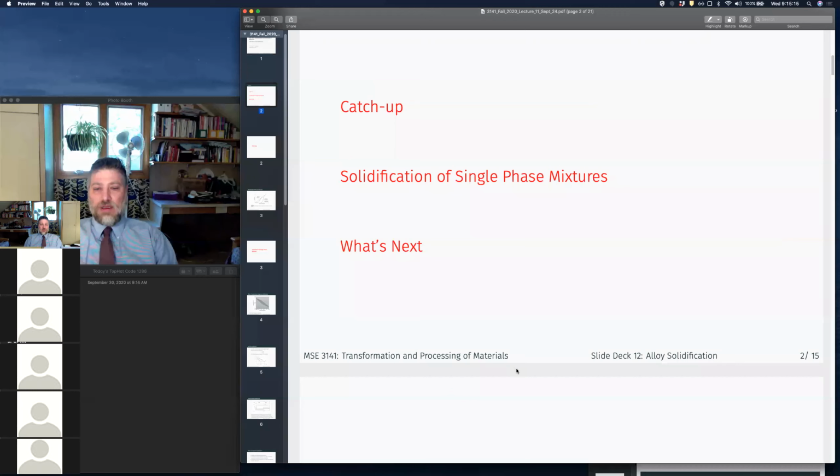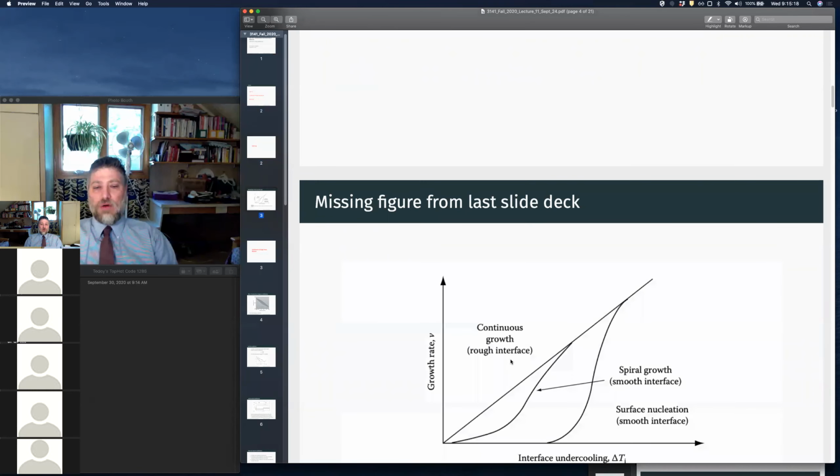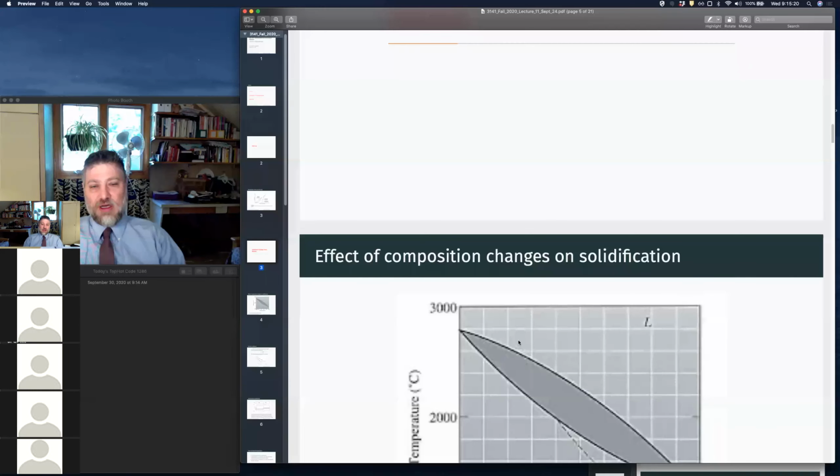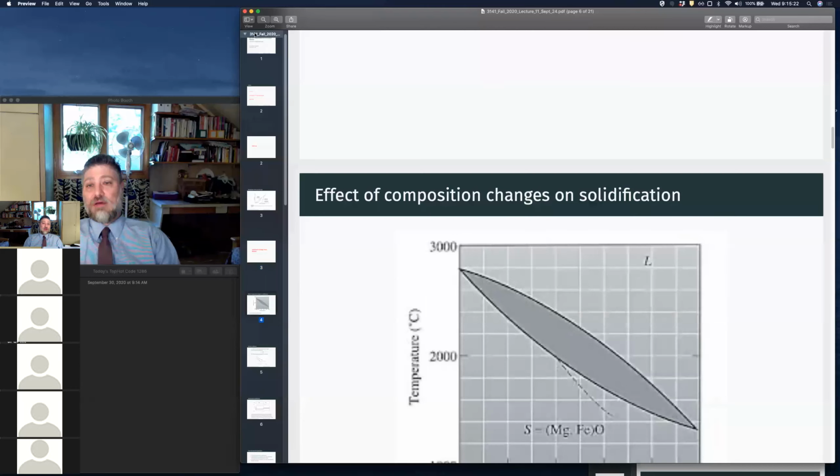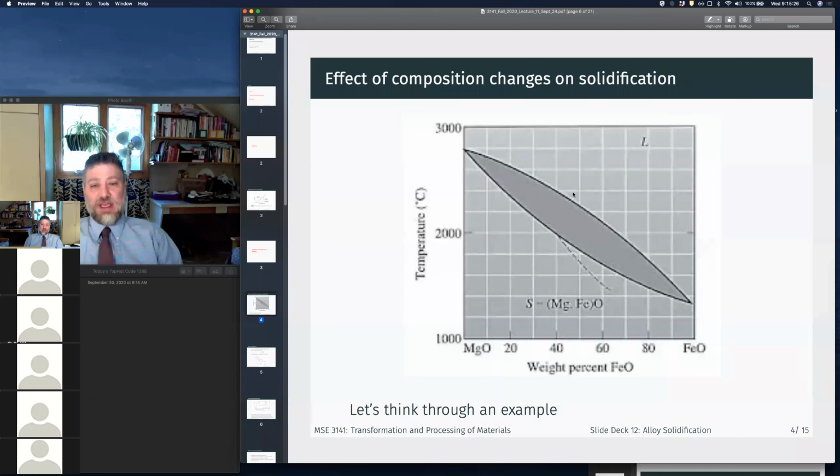Okay, so we started talking on Monday about alloy solidification, right? And the important thing to remember is that there's a solidification range, right? That falls between, for a given composition, the liquidus temperature and the solidus temperature.